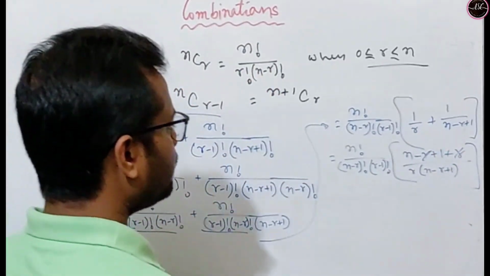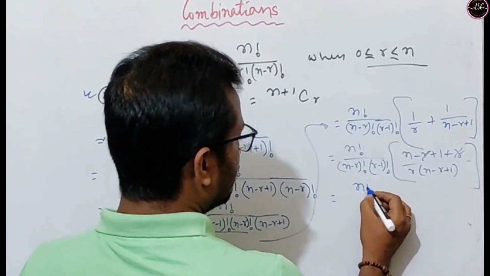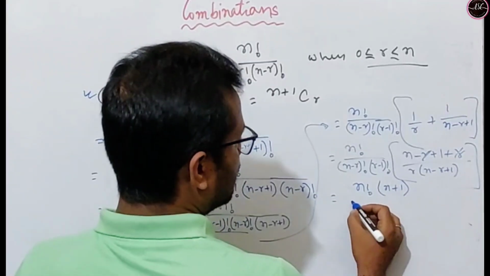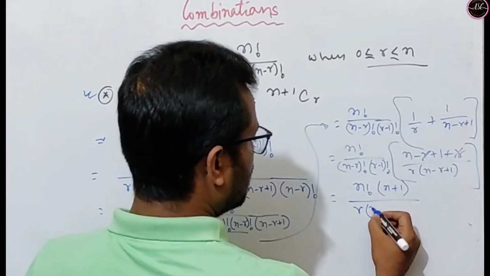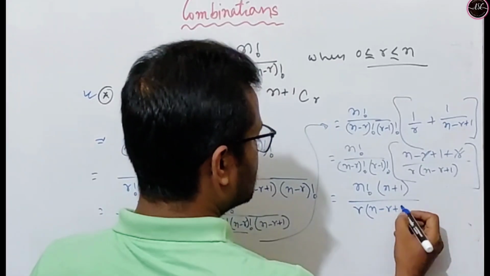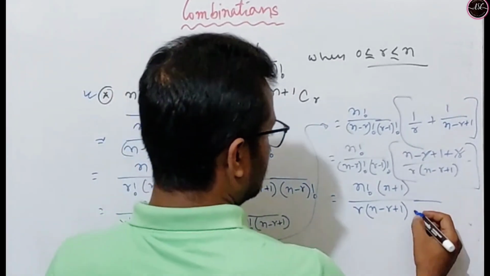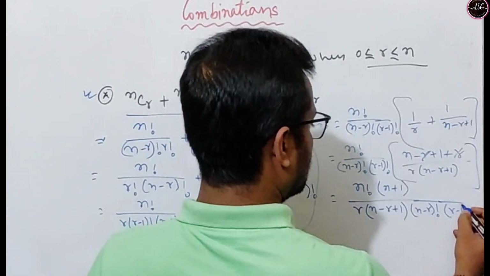So here, n factorial into (n plus 1), and here r into (n minus r plus 1) into (n minus r) factorial into (r minus 1) factorial.